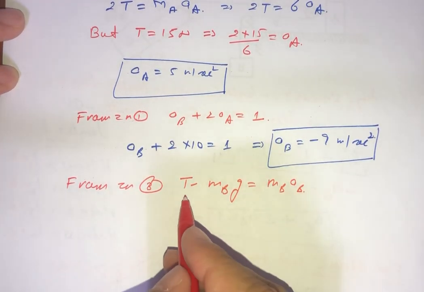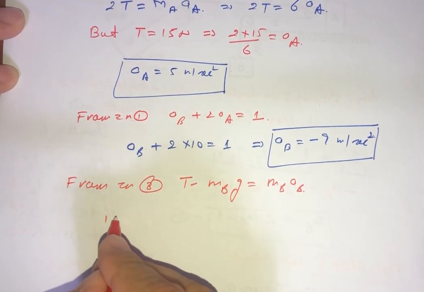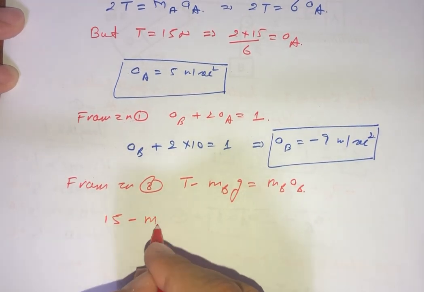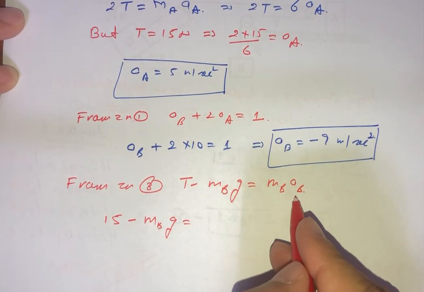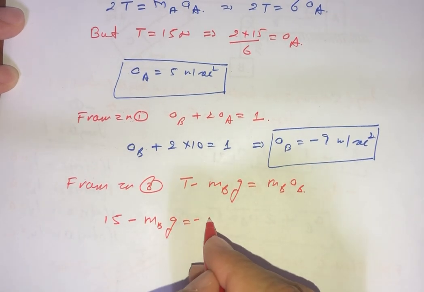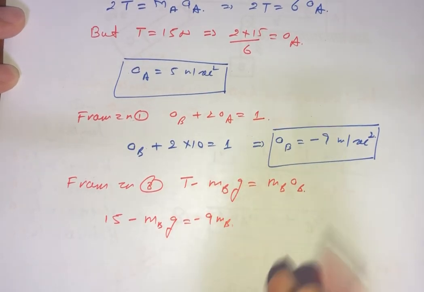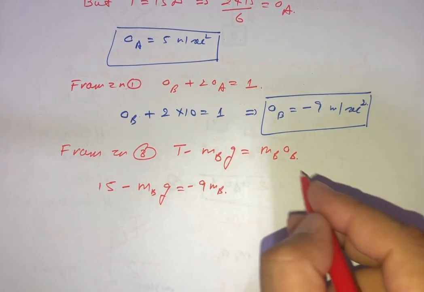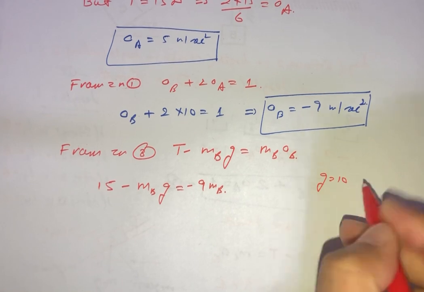We put the value of tension T as 15 minus mB, which we have to find out. So we write mBg is equal to, acceleration of B is minus, so this will be minus 9 mB. Okay, so taking g as 10. Just remember g is 10.